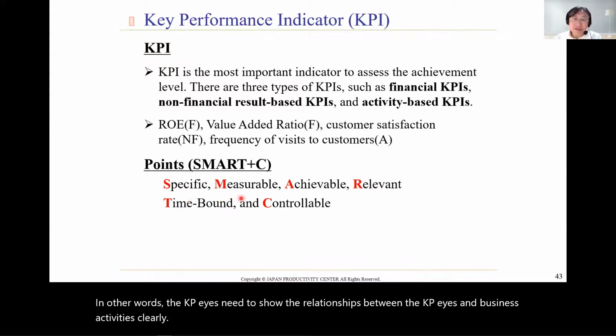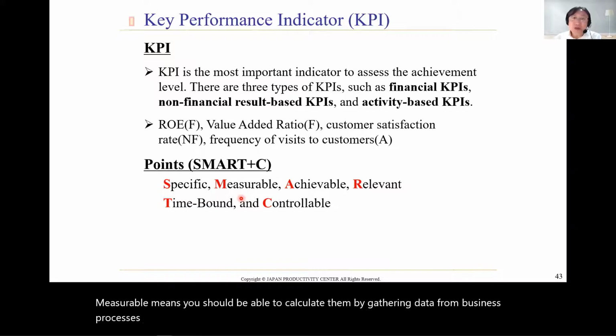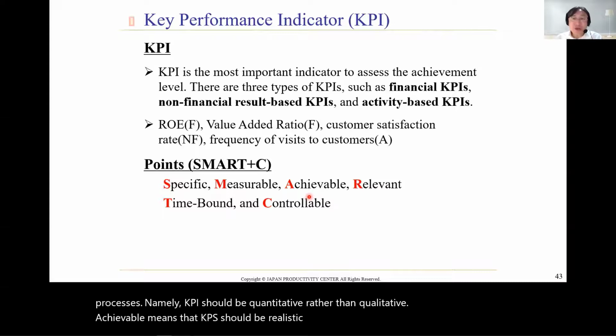Measurable means you should be able to calculate them by gathering data from business processes. Namely, KPIs should be quantitative rather than qualitative. Achievable means that KPIs should be realistic and feasible through the efforts of managers and employees.